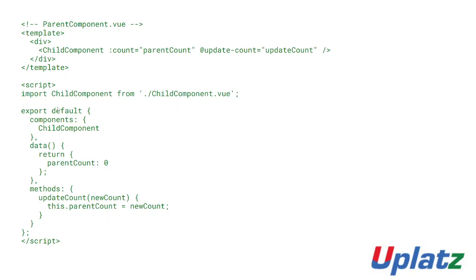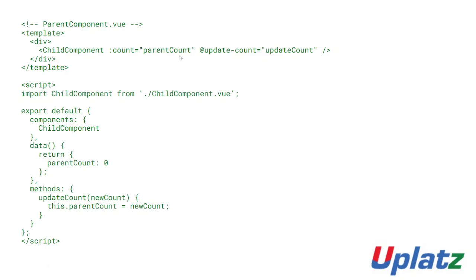Export default, then the object begins. Components property, then there is an object, child component from here, as you know. Then data function, it returns parent count.